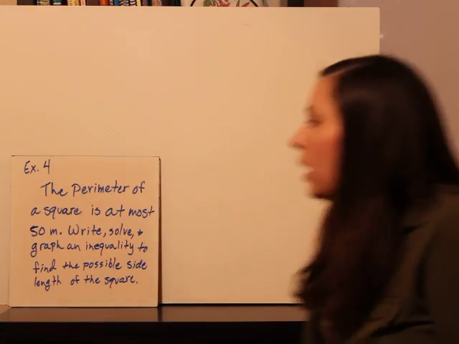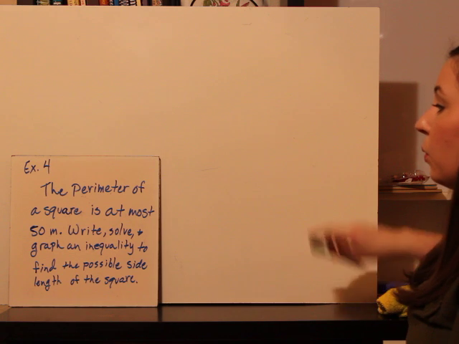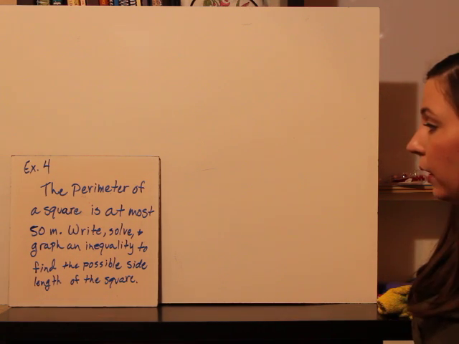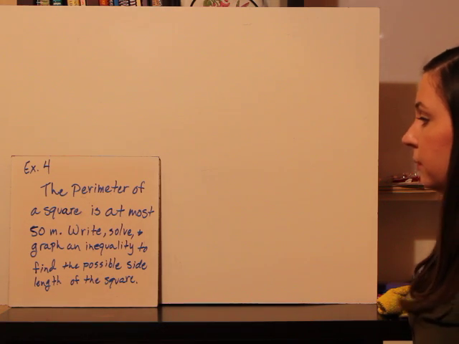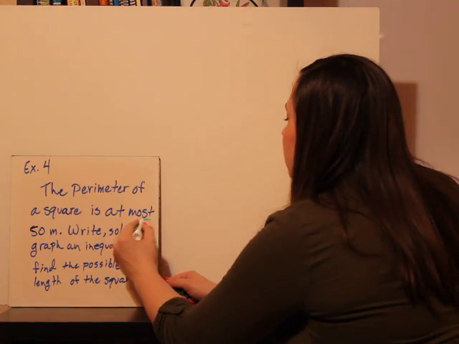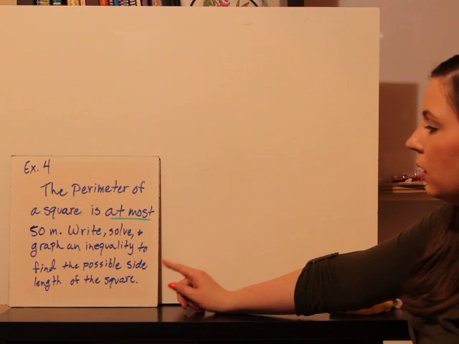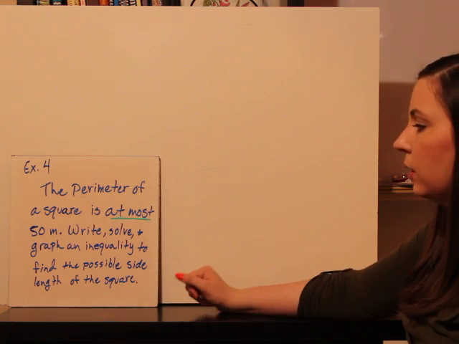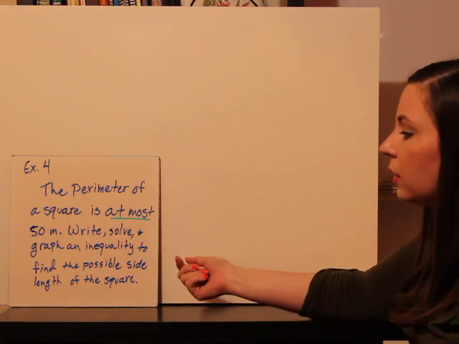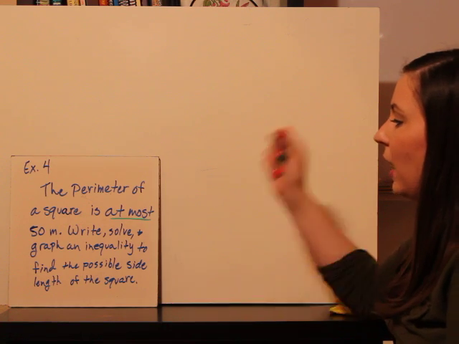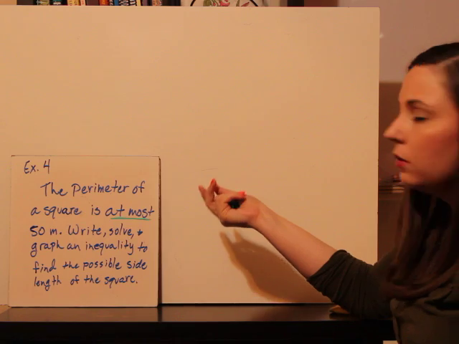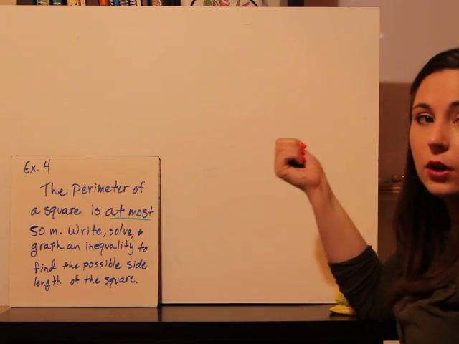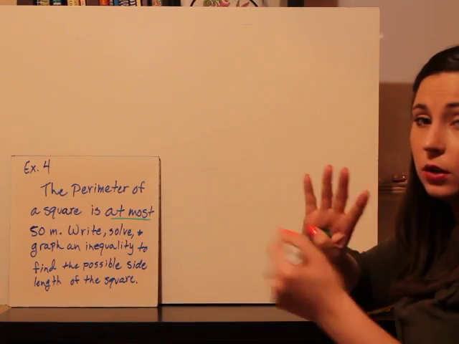Okay, last example. The perimeter of a square is at most 50 meters. So at most 50 meters. They want us to write, solve, and graph an inequality to find the possible side lengths for the square. So at most 50 meters, the perimeter. Well, it's a square, so we've got 4 sides and they're all equal.